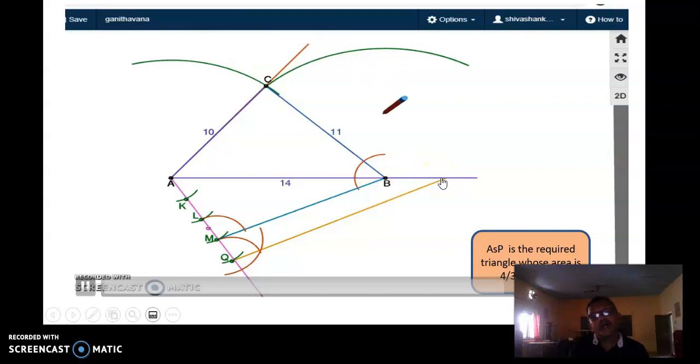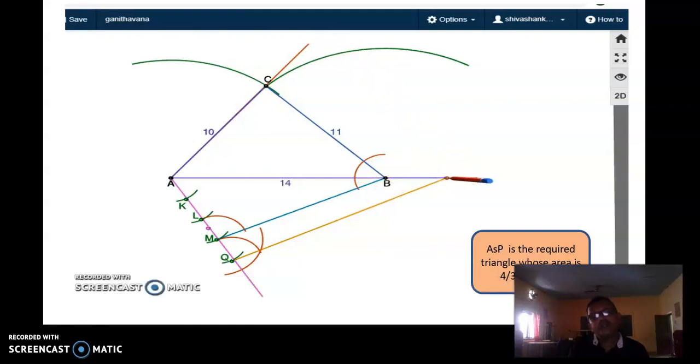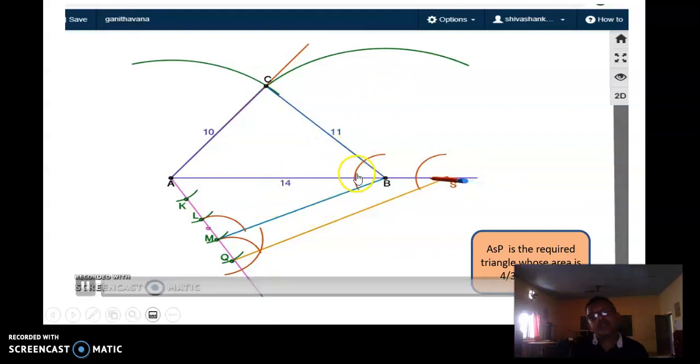Extend this. Now cut with the same radius. Now draw a parallel line like this. This angle must be the same because of corresponding angles. Now again extend this. Draw an arc here with the same radius, and here also, because we are constructing corresponding angles which are equal. Now take this radius and cut here. So now these two angles become equal, the corresponding angles become equal.